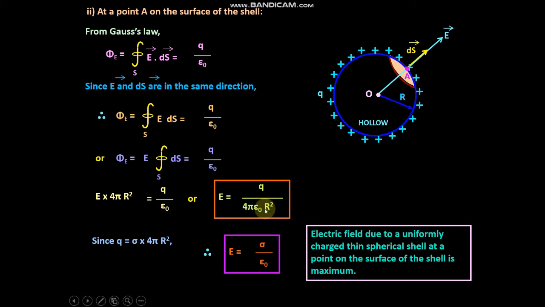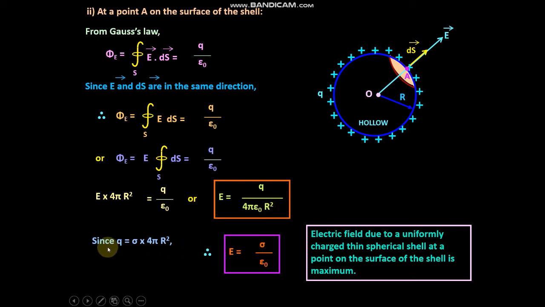r square. The only difference between this and the previous expression is, there it was small r square, the total distance of the Gaussian surface. Here it is R square, because the Gaussian surface is on the surface of the spherical shell only, so it becomes R square.